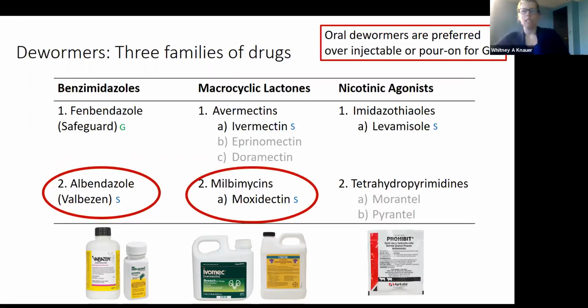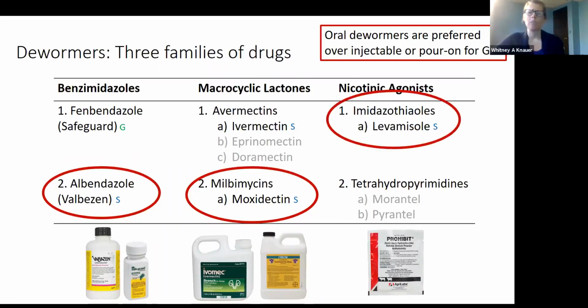Again, moxidectin, this is kind of like a big gun antibiotic that we would reserve for human use over animal use. Same idea here. We want to reserve moxidectin as a top shelf drug if all else fails. So we want to keep that on the shelf and use the other options that we have.